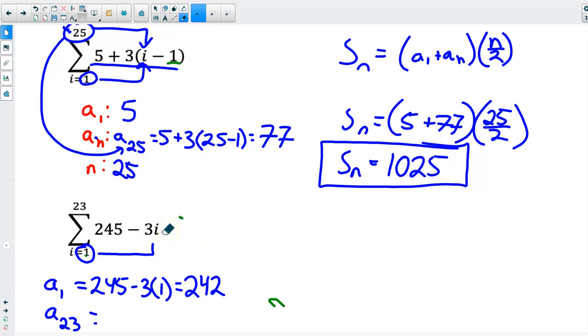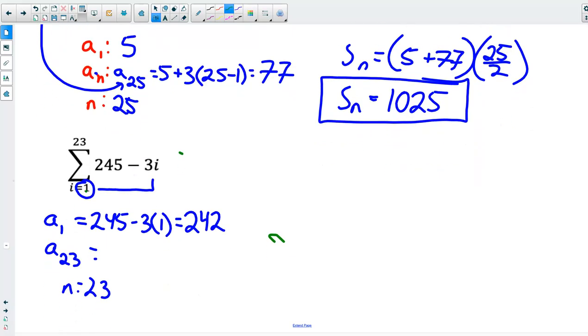Go ahead and calculate your 23rd term, and then see if you can calculate the sum given those two pieces. I'll start putting stuff up here as I go.